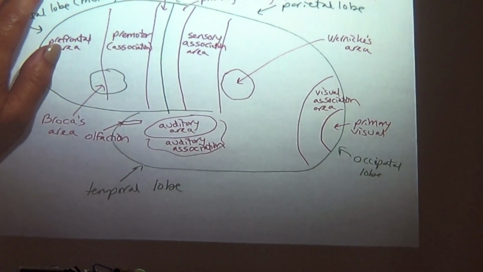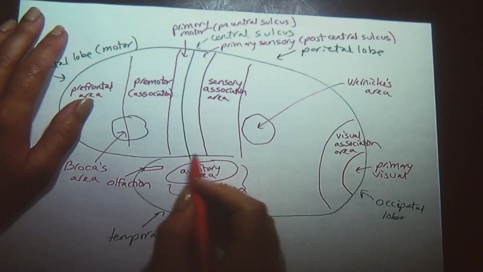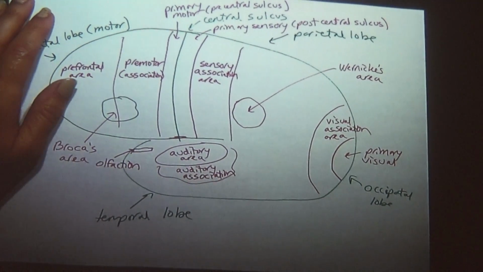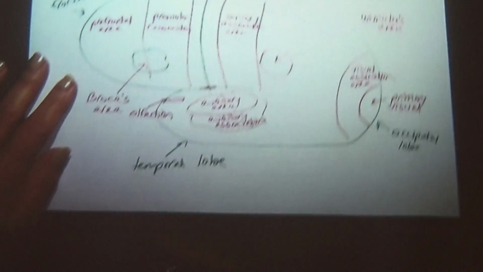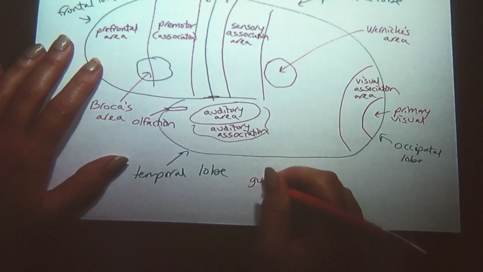Now gustation, or the gustatory area, they have that kind of on the model, sort of like right here, but it's not exactly accurate. It's actually in that lateral sulcus. So I'm going to just write that separately.